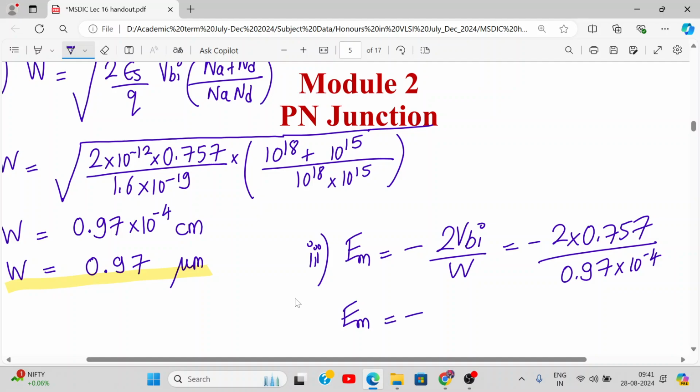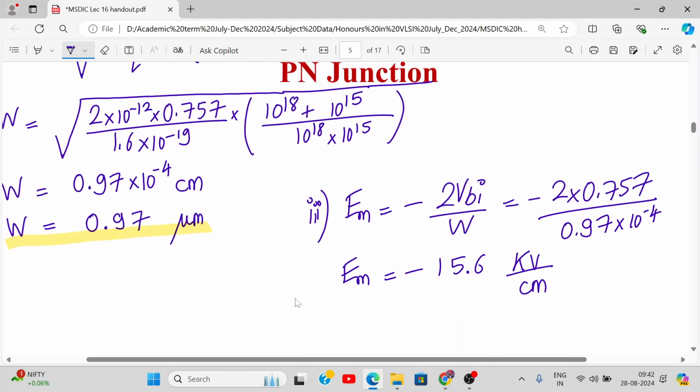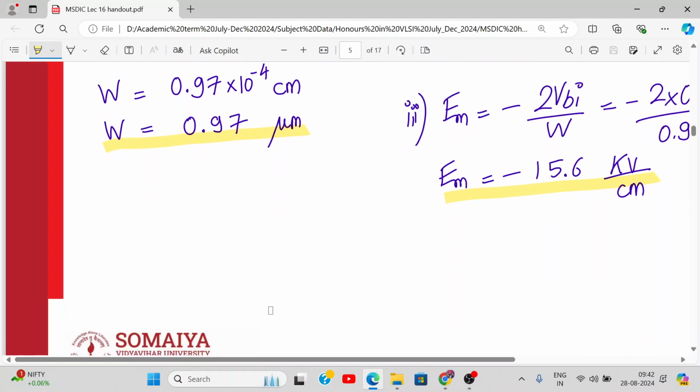EM is around minus 15.6 kilovolt per centimeter. That's correct. But we have to find XN and XP also, right? So let's do that.